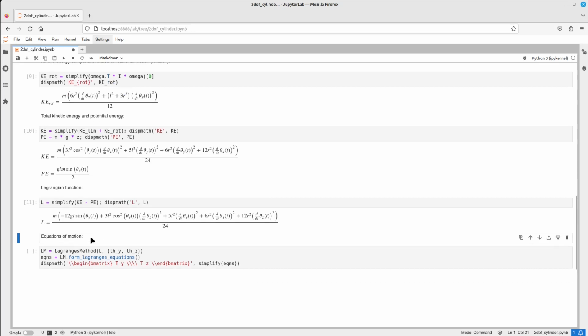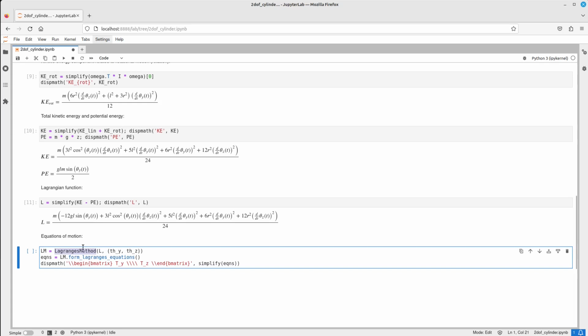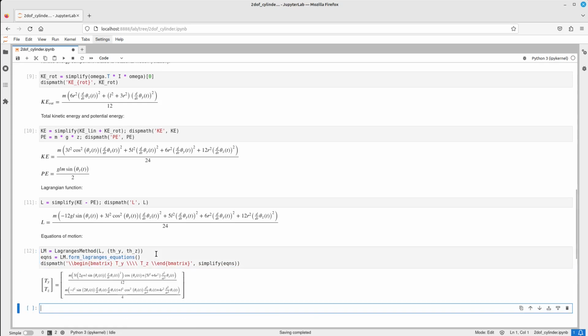and then we can finally proceed to find or form the equations of motion using the Lagrange's method class, by calling the form Lagrange's equations method. So let's run this and display the results.